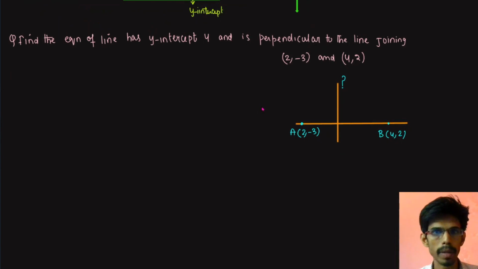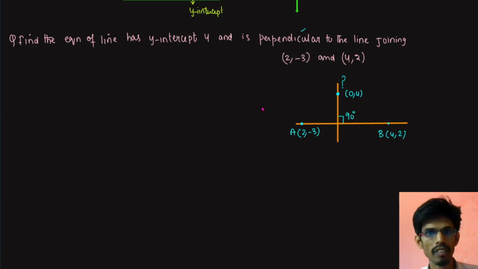Here it says perpendicular. Perpendicular means the angle between these two should be 90 degrees. Now this required line has some intercept, that is the y intercept. Let us take this as point (0, 4), because y intercept means the value will be 0 for x.